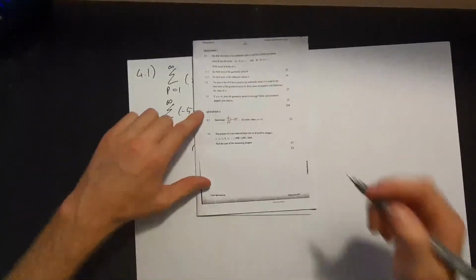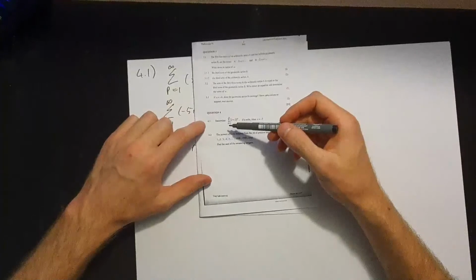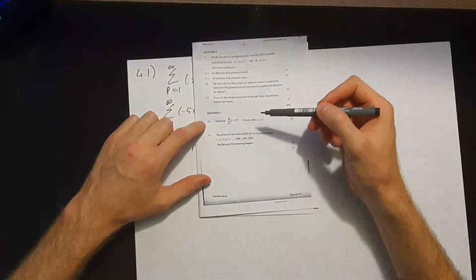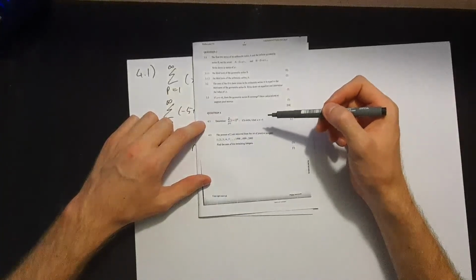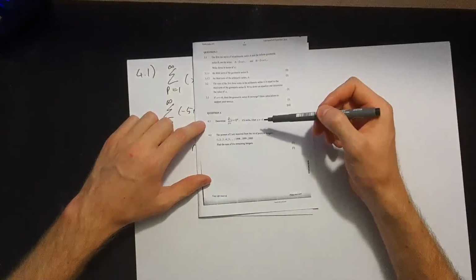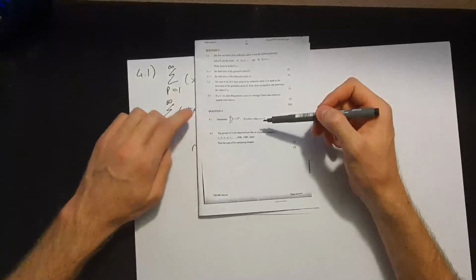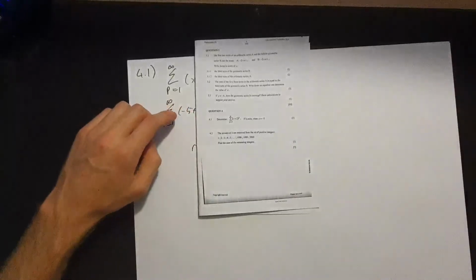Let's have a look at the last one. It says the powers of 2 are removed from the set of positive integers. Find the sum of the remaining integers. So what are the powers of 2?